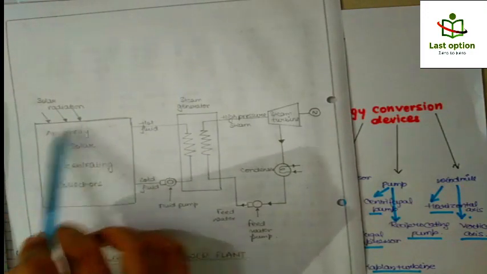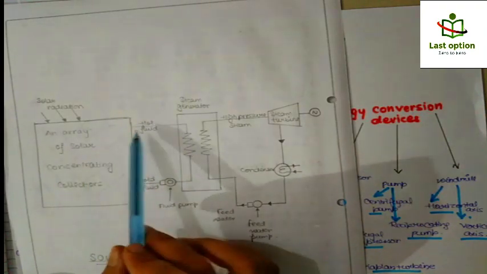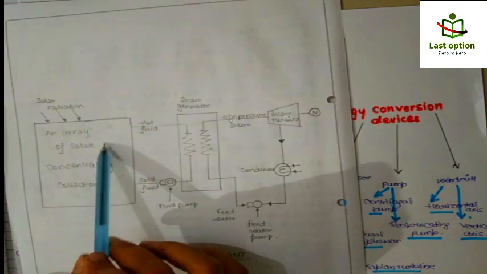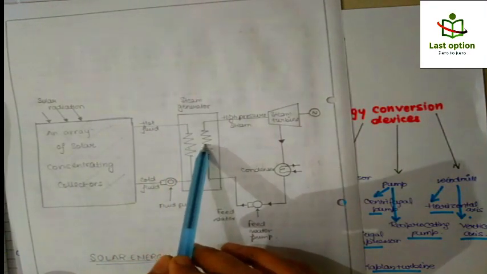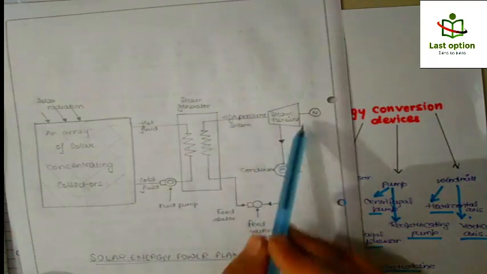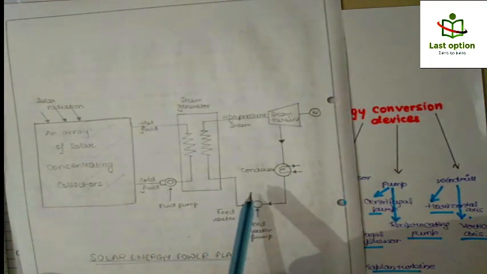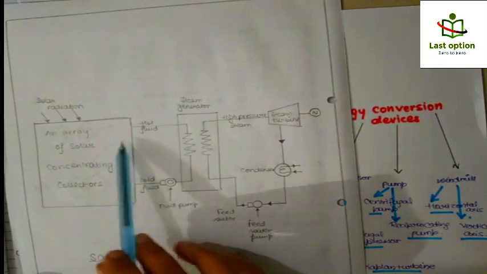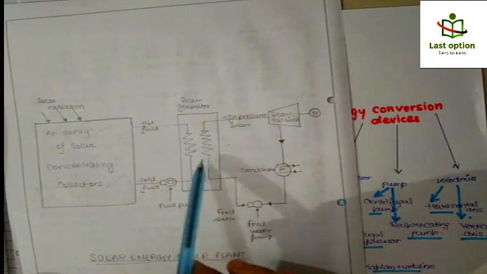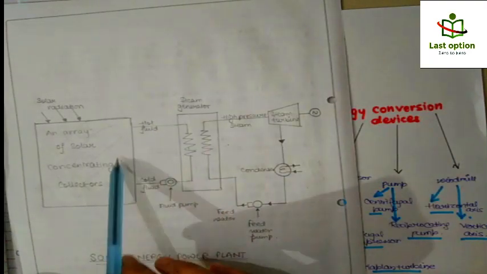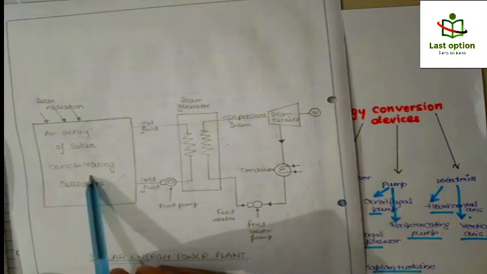Solar radiation falls on it and makes the fluid in it hot. That hot fluid flows and gives its heat to another system, which we have already studied many times. Then it comes back and becomes hot again. This is what is happening in the solar panel.